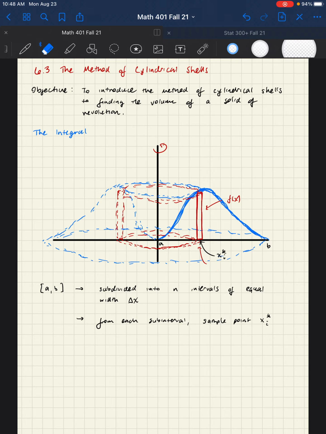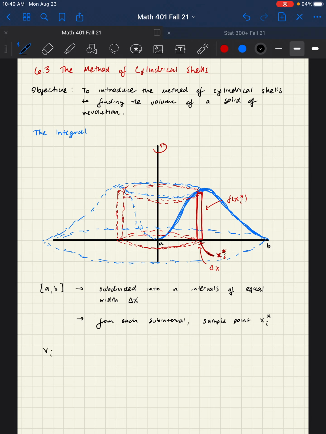Now, the infinitesimal shell that we're talking about here. I'm going to rigorize this by saying, if this is x sub i, then the width of that shell is going to be delta x, and the function height there is going to be f of x sub i star. So now we've attached it to an actual function value and an actual number.